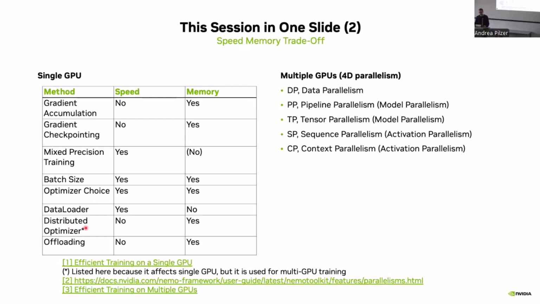Optimizer can be distributed. The typical techniques used today are like the ones that Microsoft proposed, the ZeRO optimizer, like ZeRO-1, ZeRO-2, ZeRO-3, depending how much you are distributing. Then there is offloading. Offloading means that maybe you use some weights to do computation, and then you copy them back to the CPU, to the RAM, and then you load them in the GPU only when you need.